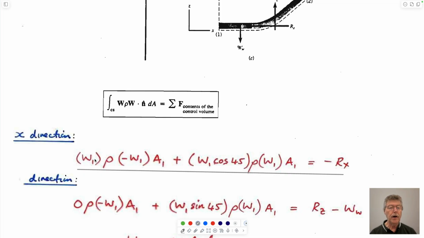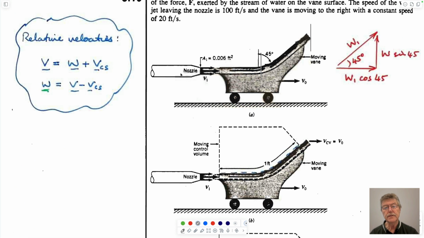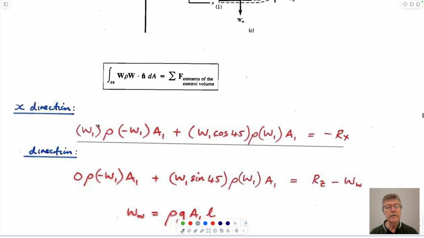The influent part is equal to W in times density times area. So this is W in, this is W out, I guess. It's in the positive x direction, so it's positive. It's into the control volume, so it's negative, and it's multiplied by the area it comes in through.